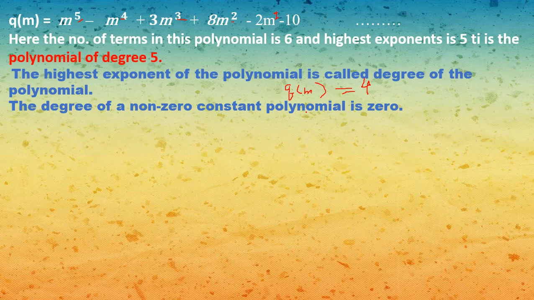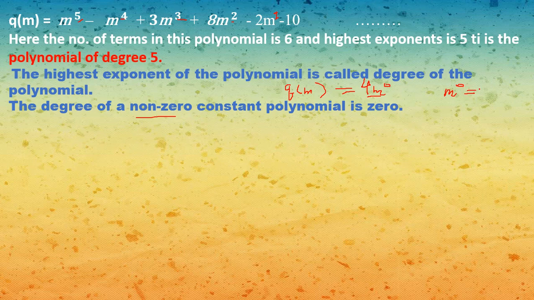So the degree of this non-zero constant polynomial. Now why is it written non-zero? As we have taken 4, which is a non-zero number, and this 4 is without a variable. Here the variable m is used, but m raised to the power 0 is there, and by the laws of exponents we know that m raised to the power 0, or x raised to the power 0, is 1.